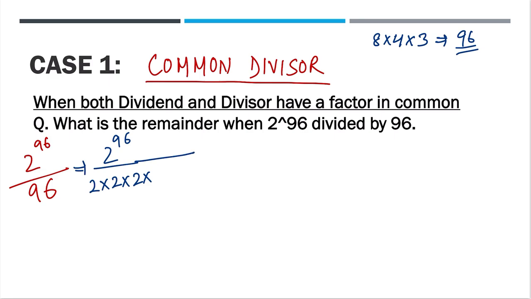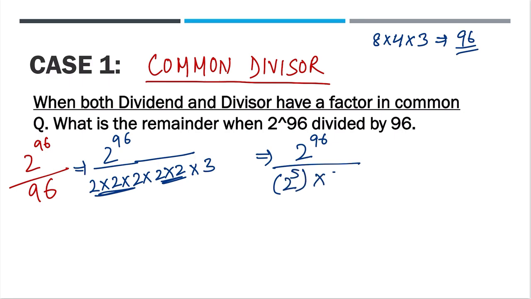So can I not write it as 2 raised to power 5 into 3? So did I get 2 raised to power 96 divided by 2 raised to power 5 into 3? I hope this is clear.